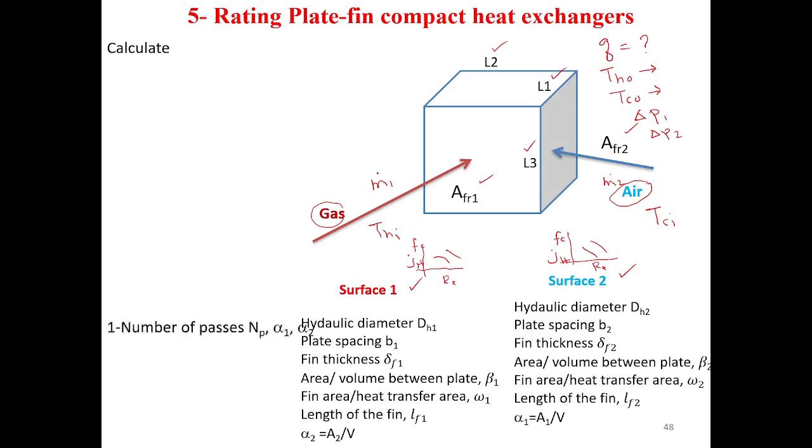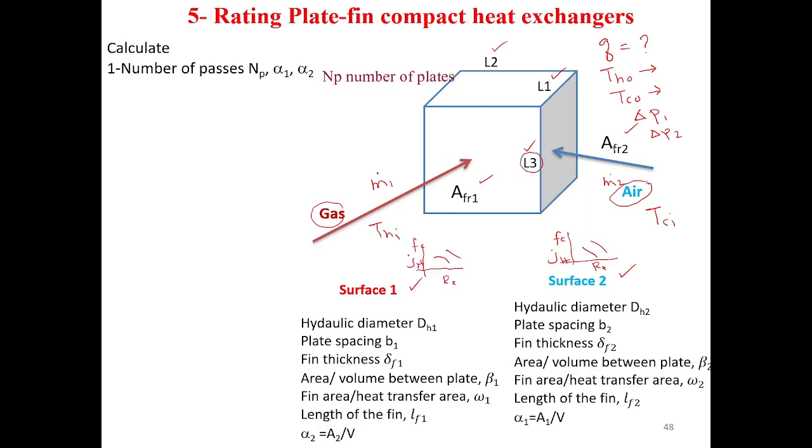The procedure is that you can go ahead and calculate the number of passes, the number of plates, and also calculate alpha 1 and alpha 2 as we did before. Everything is known, so you can proceed to see how many plates in terms of B1, B2, and the common edge. Here the common edge is L3.